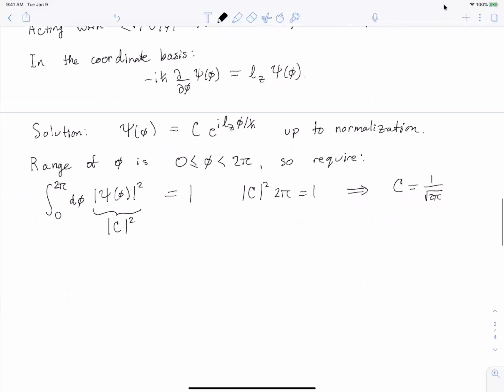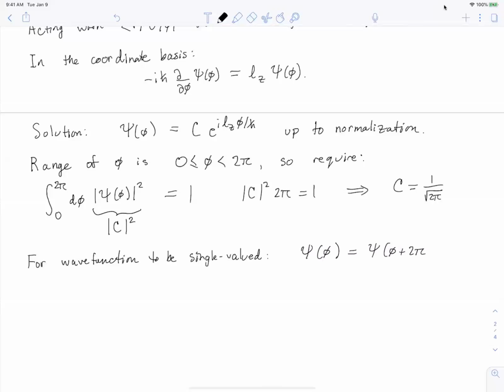Okay, so we know what the wave functions for the eigenkets of L sub z are. For them to be single valued, though, we have another requirement. For the wave function to be single valued, what we need is that psi of phi should be equal to psi of phi plus 2 pi.